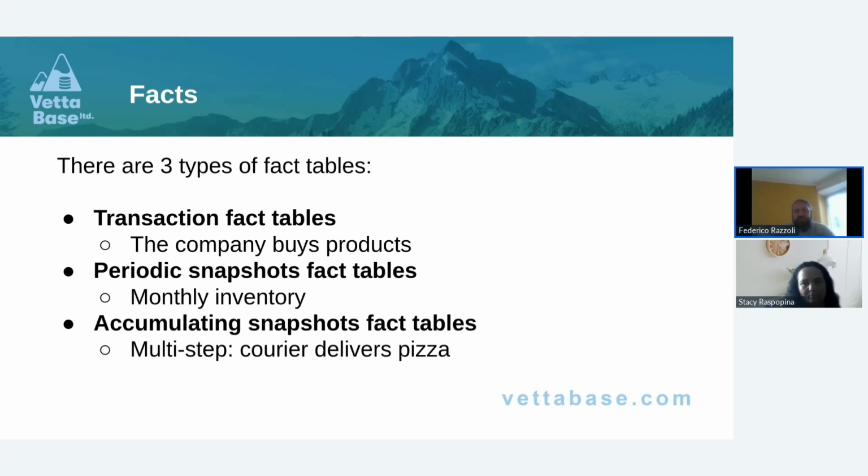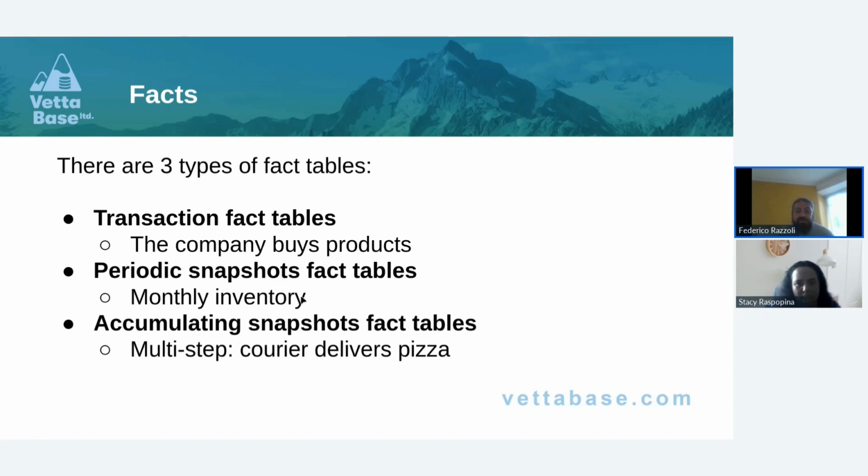There are 3 types of fact tables, and they are called transaction fact tables. And the typical example is customer buys product, or here actually I wrote our company buys products. Okay. We register a single event that happens, and that has a matching row in our fact table. But then we have periodic snapshot fact tables, and a periodic snapshot is something we measure regularly.